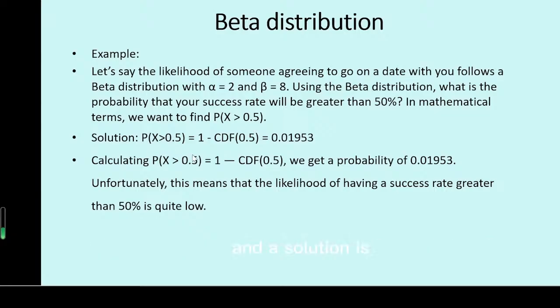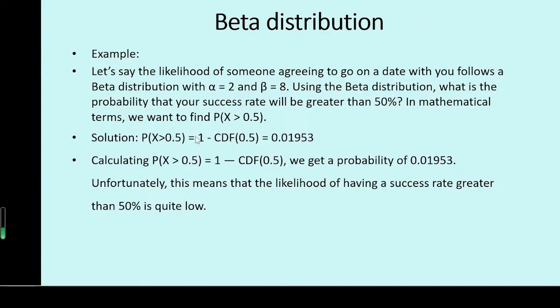The solution is that the probability of x larger than 0.5 equals 1 minus the cumulative distribution function of 0.5, which equals 0.01953.